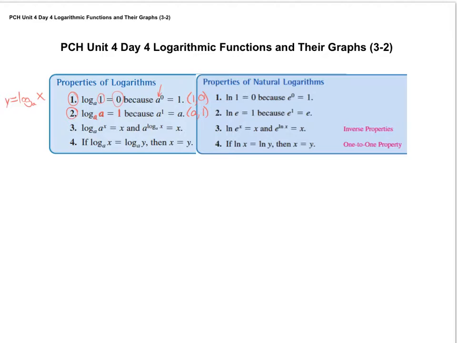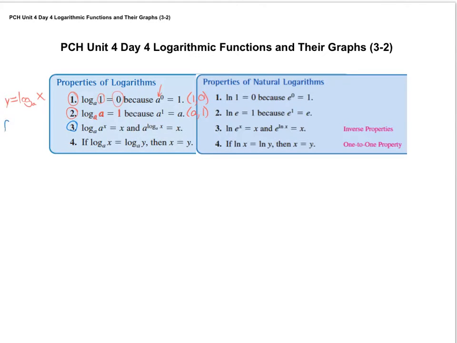That's your point. Now, what number 3 shows us here is the fact that these are inverses of each other. The log base a of a to the x equals x, and a to the log base a of x power equals x.